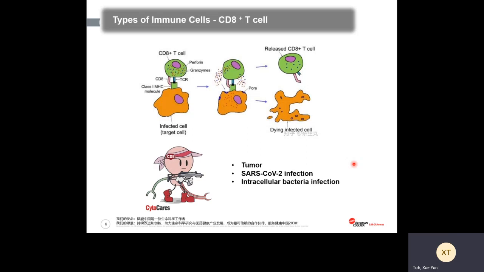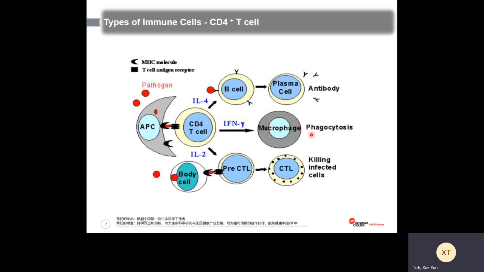Looking at our CD8 T cytotoxic cells, they are one of the main executors of cellular immune response that are involved in fighting against cells infected with viruses or intracellular bacteria. They can identify those infected cells and trigger cytotoxic effects to kill the cells. Our CD4 T helper cells are the most common T cells that hold a central role in our immune response.